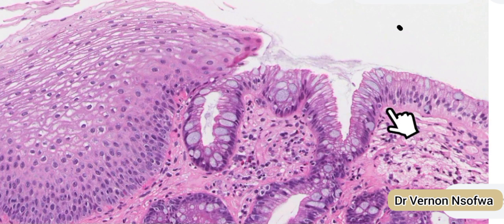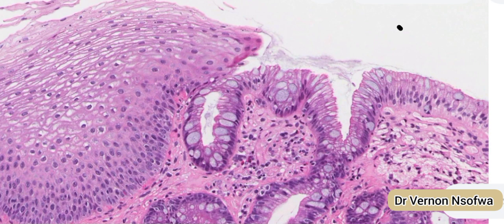And this change is what we call metaplasia. When it happens in the esophagus, it has a special name. We call it Barrett esophagus. Okay, so an esophagus which has metaplasia of this sort is called Barrett esophagus.